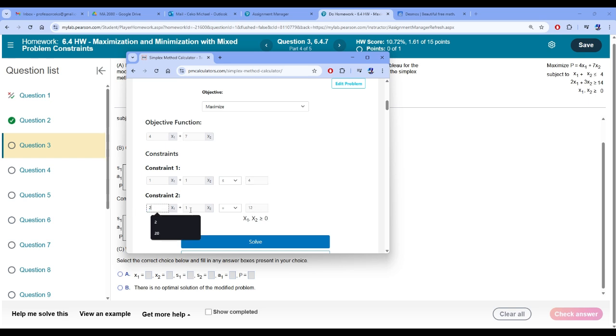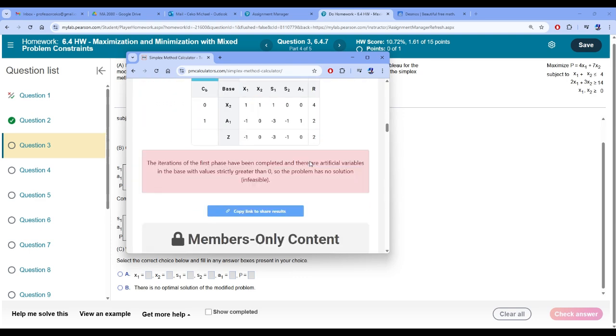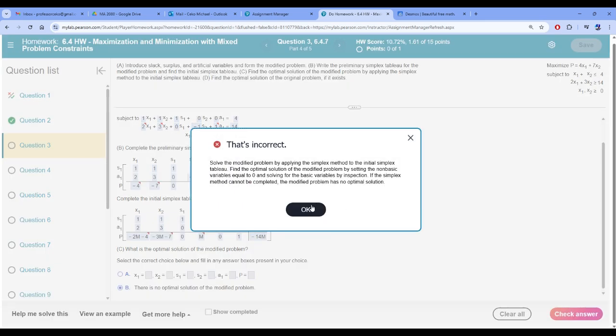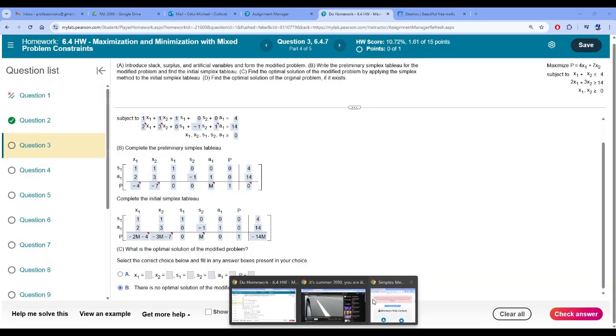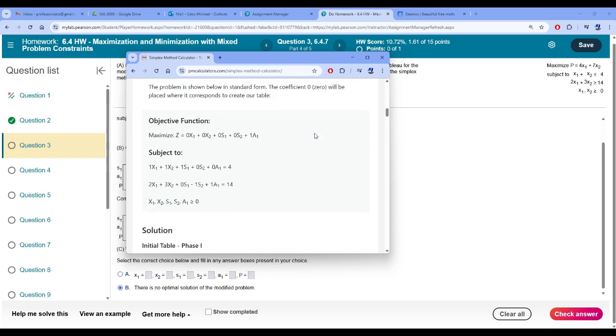This is going to be 2, 3 greater than or equal to 14. Yeah, getting the answers is not a problem. It's just I don't understand what to do with the first phase. There is no optimal solution. Huh? What? What did I mess up?